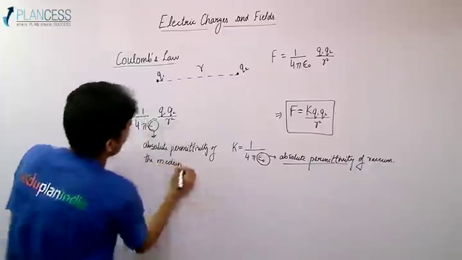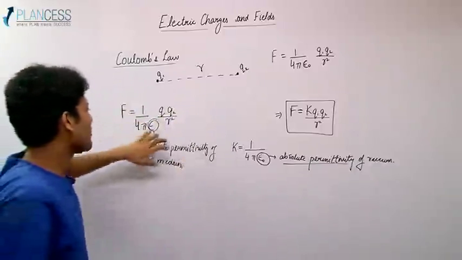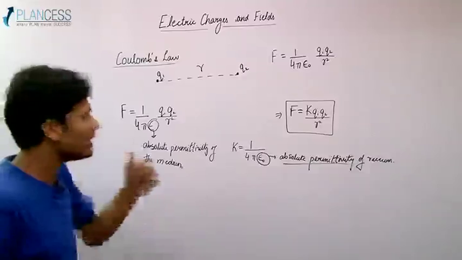So this is the formula for the force between two charges which are kept in a medium, where epsilon is the absolute permittivity of the medium.